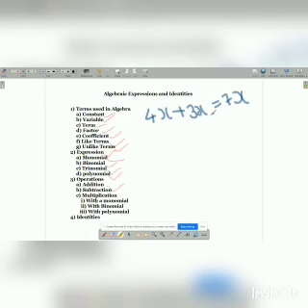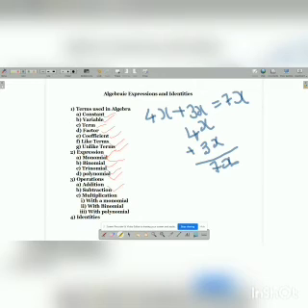The method which I used now is called the horizontal method. In the vertical method, you need to write one below the other. When you are writing, write the like literals one below the other. Add them. It is 7x.